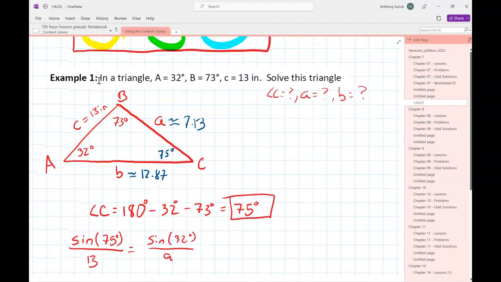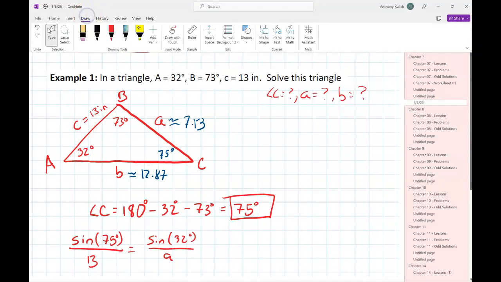Well, this is a lot of stuff going on here. All right, so let's take a look at this one. The stuff in red was our givens, so ignore the stuff in blue that we wrote in afterwards. What situation is this? We have two angles and a side. So is it angle, side, angle, or is it angle, angle, side?